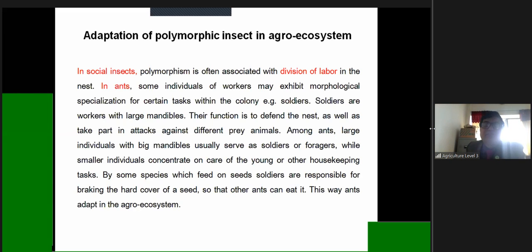In some species which feed on seeds, soldiers are responsible for breaking the hard cover of a seed. So you see, these soldiers usually use their mandibles against the predators, but these strong mandibles also help the insects to break down the hard seed coat.